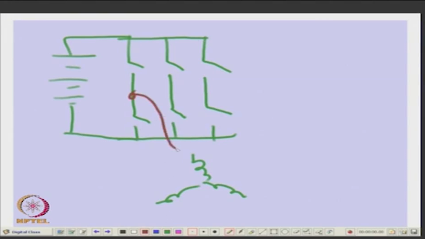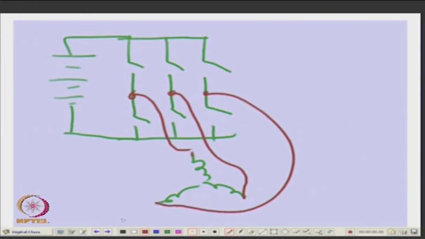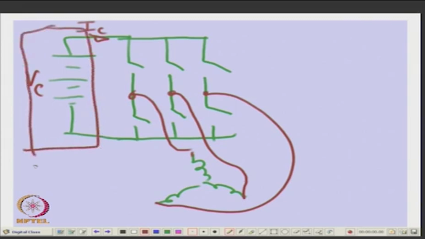This is a DC source through the converter, and after all, this whole thing is a converter. Now, in practical cases you can control the frequency.